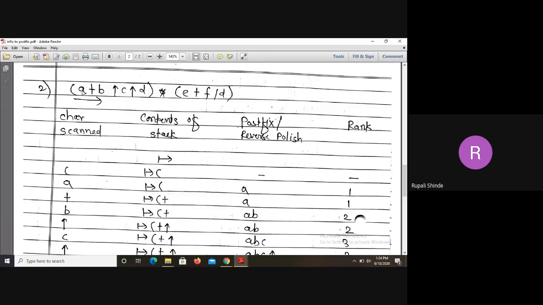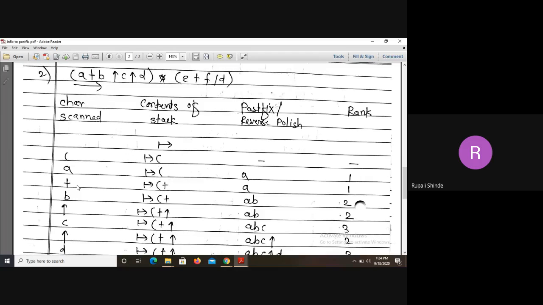Now the next symbol is A. This is an operand, so we write it into postfix form. A is written here. Our stack contains just the opening bracket and the rank for this expression is 1 because there is only one symbol, that is A.